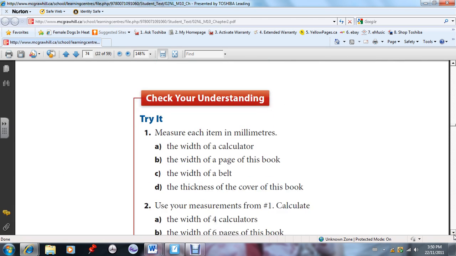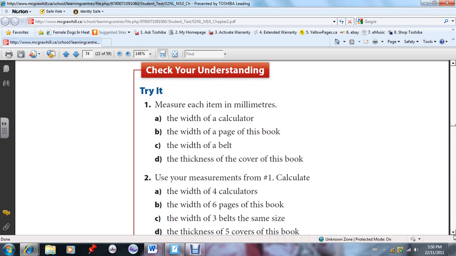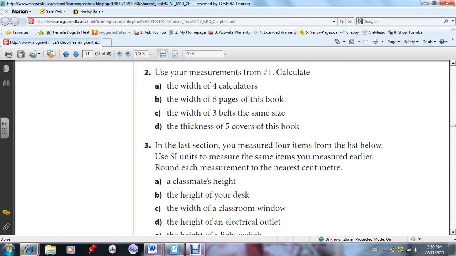There are rulers up there on my shelf, okay? Rulers with millimeters and centimeters. Just look at the rulers there. You'll see the differences in the measurements. And also, you'll probably need a tape measure. Those are in the box there, and I think those are in centimeters. I'm pretty sure. So they will work as well.